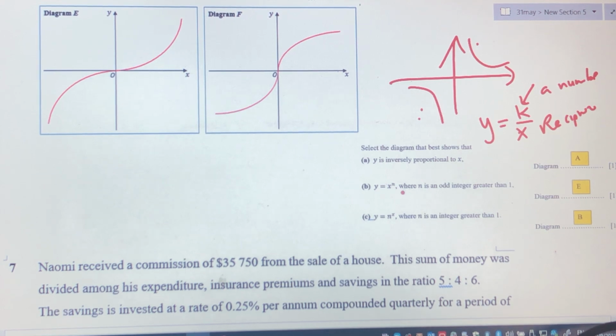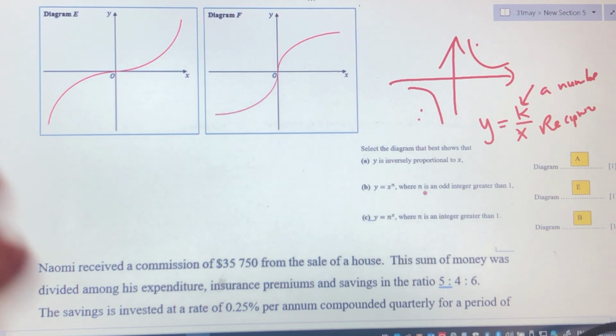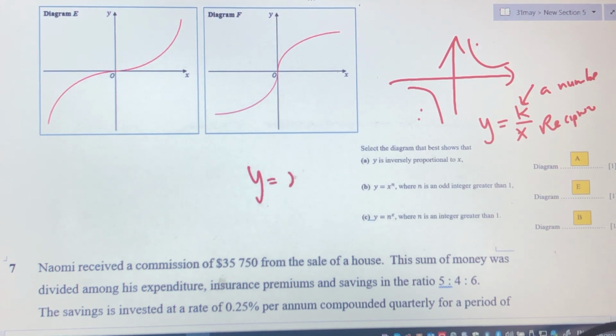y equals x to the power n, and n is an odd integer greater than 1. That means x cubed. Is it? Yeah, so it can be x cubed, x to the 5, x to the 7, whatever.